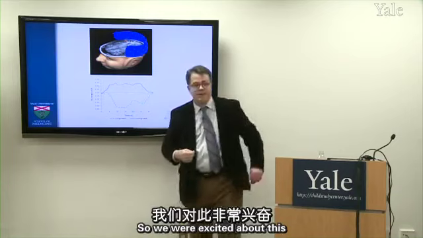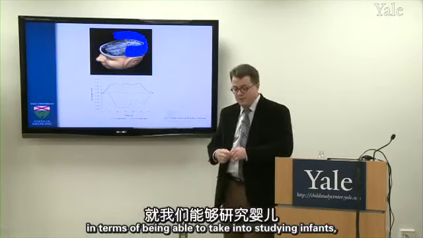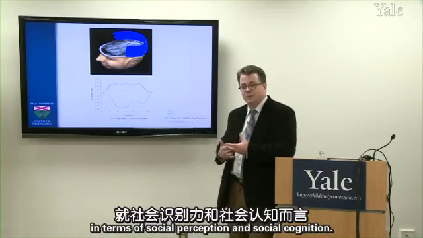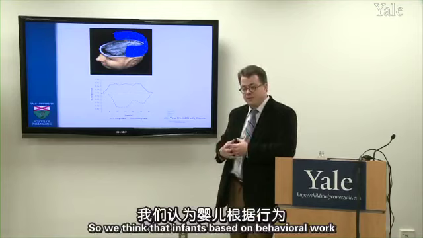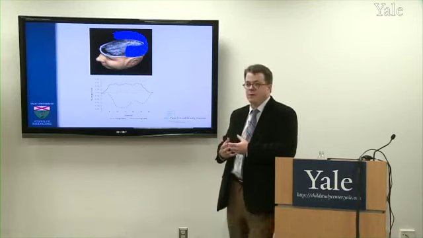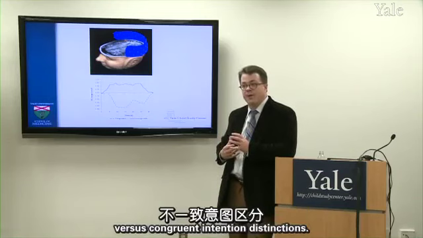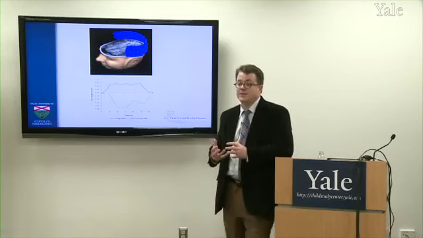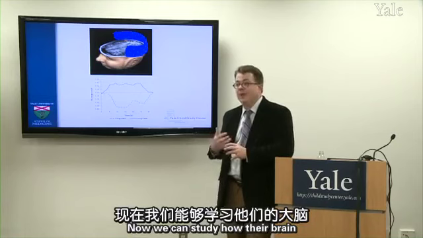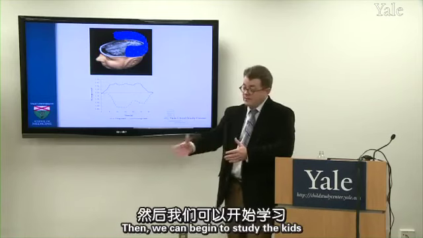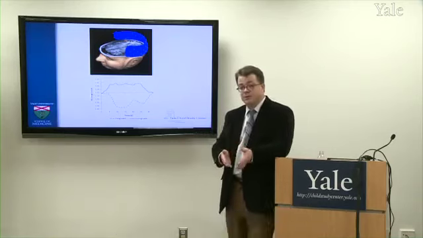So we're excited about this in terms of being able to take into studying infants something somewhat high level in terms of social perception and social cognition. We think that infants, based on behavioral work, can make these sorts of incongruent versus congruent intention distinctions. And now we can study how their brain is doing that in this particular region, and then we can begin to study the kids that are at high risk for developing autism versus the kids that are at low risk.